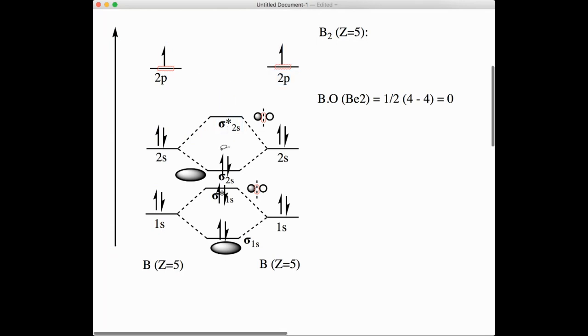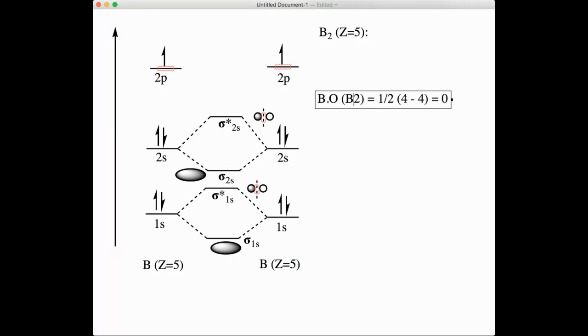So with that in mind, I'm going to combine now. I'm going to remove this since we are doing a new problem, so I don't want anyone to be confused. So if we combine two boron atoms to form a B2 molecule, we're now combining the 1s with the 1s.